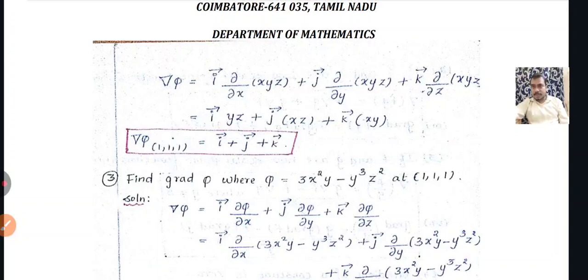The solution of del pi is i into yz plus j into xz plus k into xy. Therefore, del pi at the point 1 comma 1 comma 1 is, substituting x, y, z as 1 comma 1 comma 1, i vector plus j vector plus k vector.